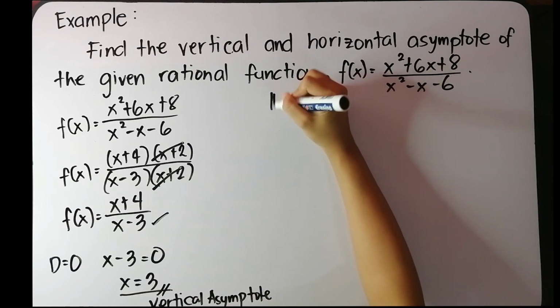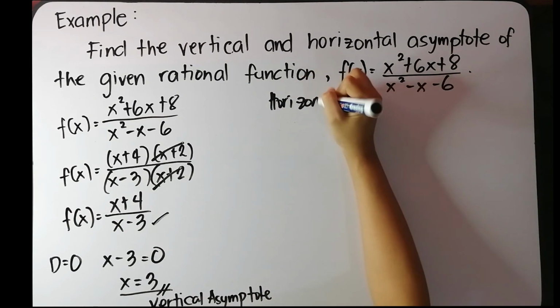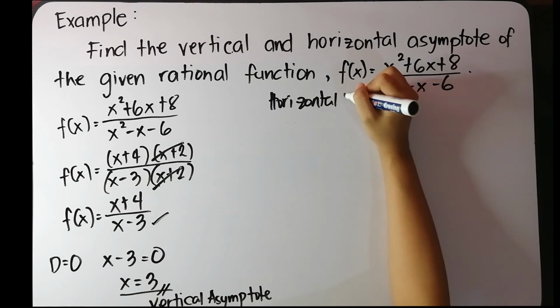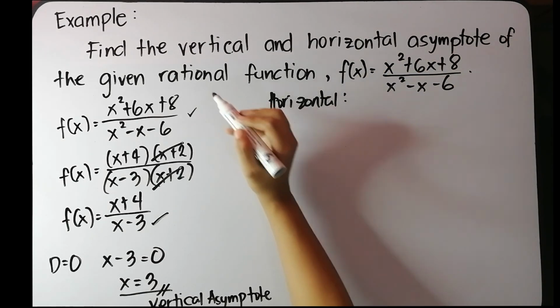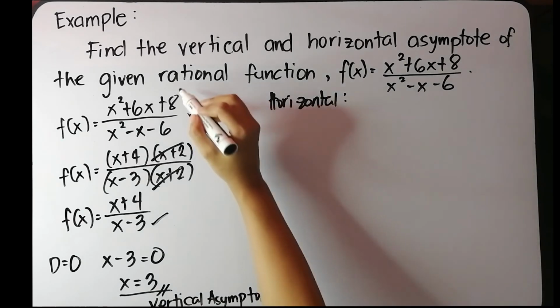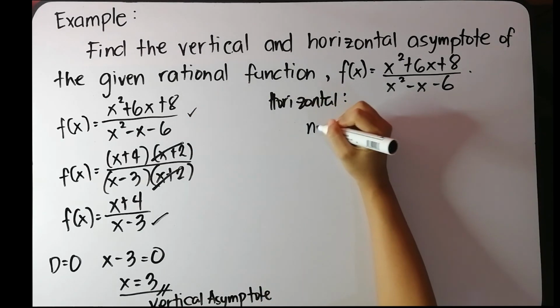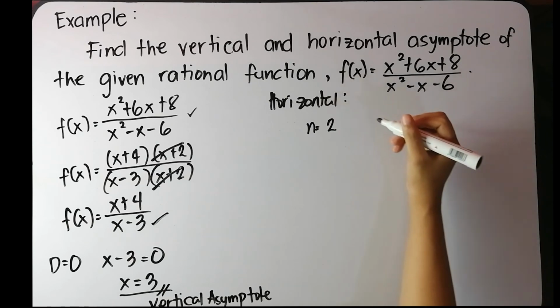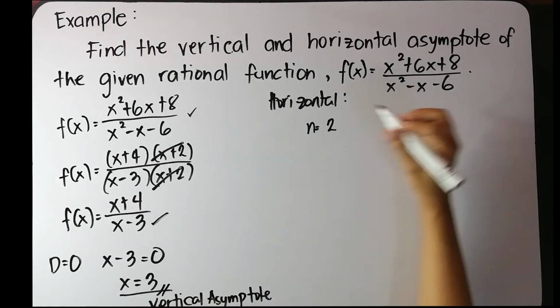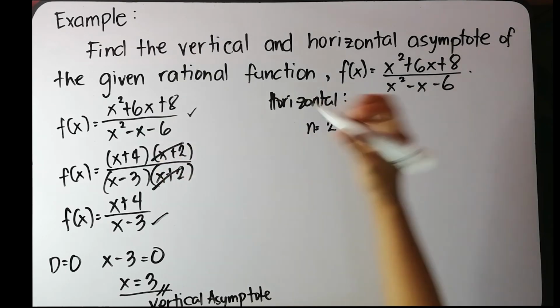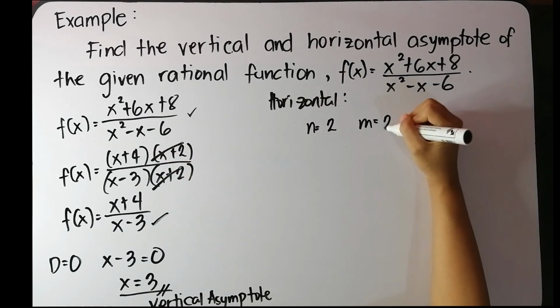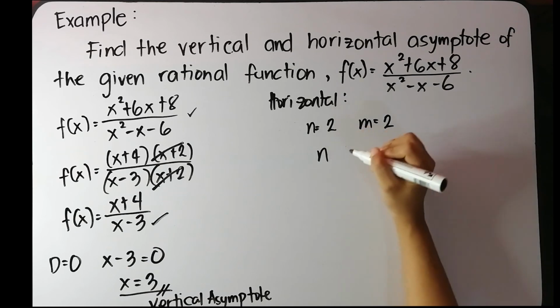What about the horizontal? For our horizontal asymptote, again, let's take a look at the degree of our rational function. Since your numerator has a degree, or your n is 2, second order, and your denominator is also in second degree, we have m equals 2. So your n is equal to m.